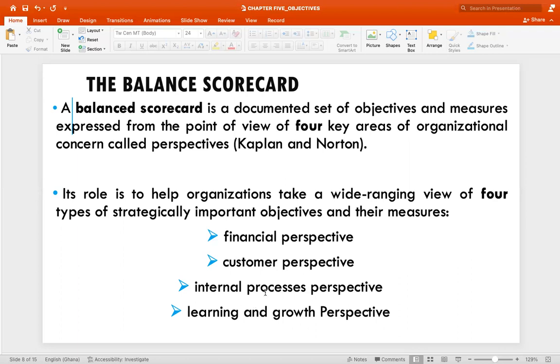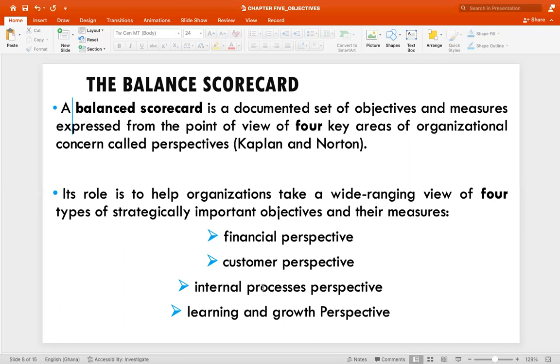You must have an objective that addresses the internal processes perspective. Internal processes are like your production processes. If it is service, the procedures that you have to go through in delivering the service. There must be an objective for that.